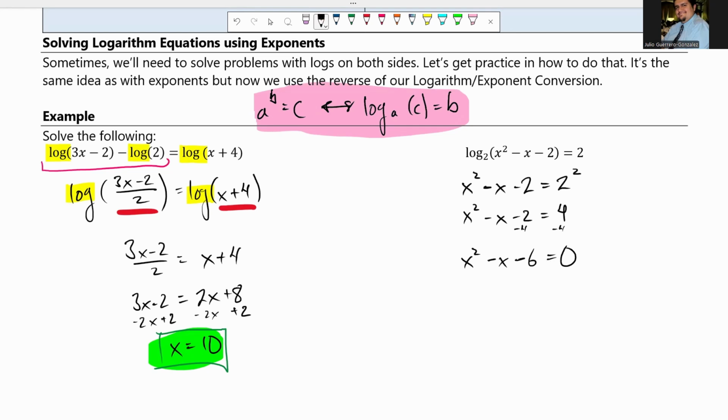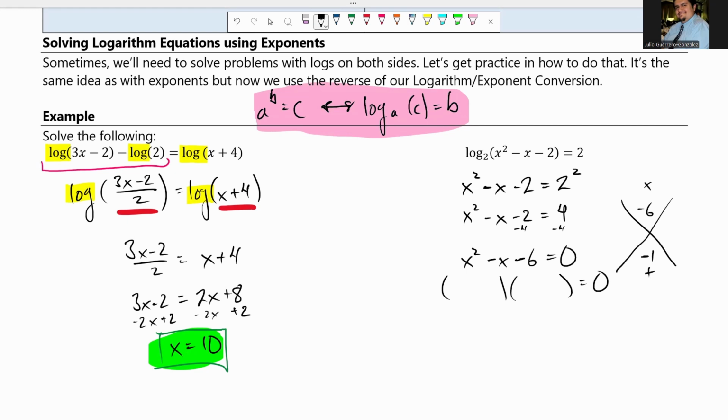Hopefully you guys remember this thing. I'm going to do it really quick over here. I know I haven't done it explicitly for a very long time, but we'll do it again. Minus 6, minus 1. Multiply and add. I need two numbers that multiply to minus 6 and add to negative 1.